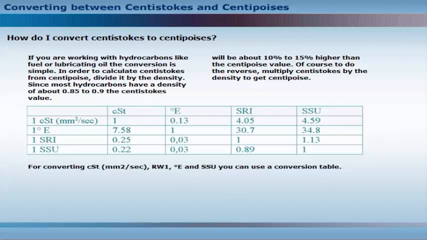Since most hydrocarbons have a density of about 0.85 to 0.9, the centistokes value will be about 10% to 15% higher than the centipoise value. Of course, to do the reverse, multiply centistokes by the density to get centipoise. For converting centistokes, seconds redwood, Engler and Saybolt universal, you can use a conversion table.